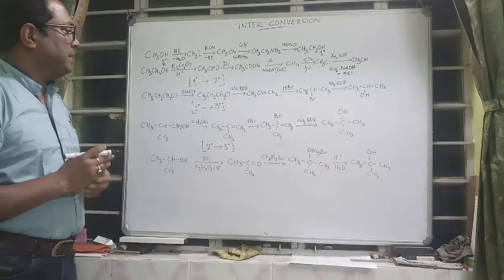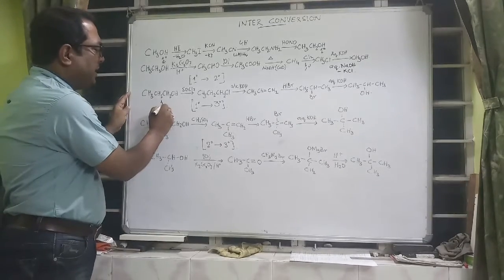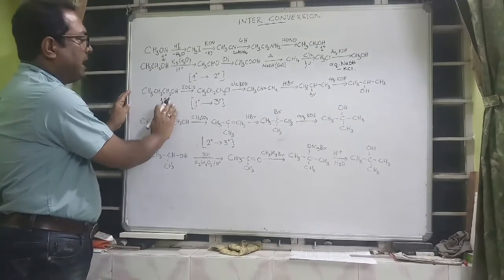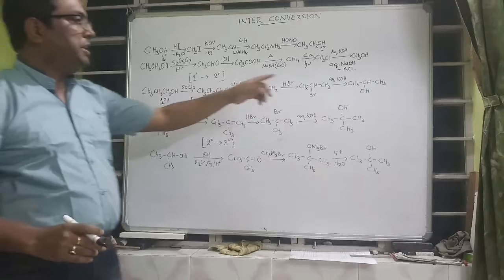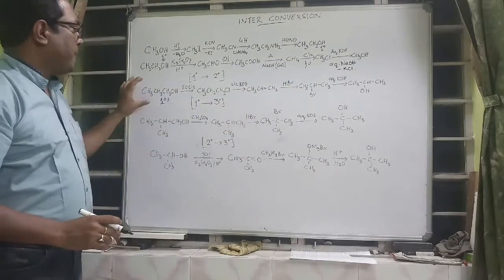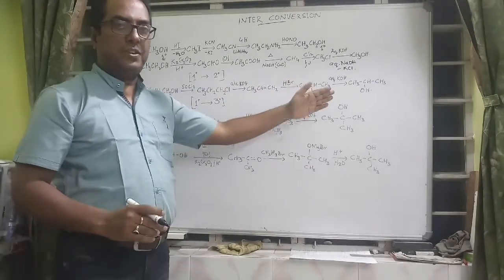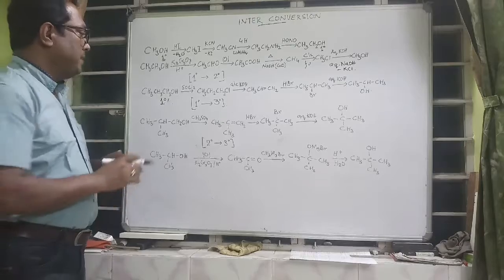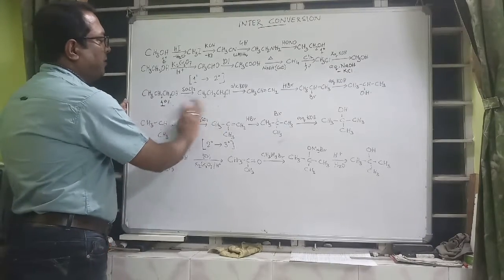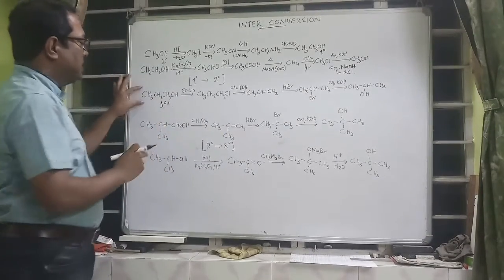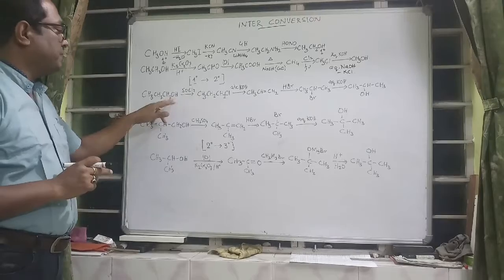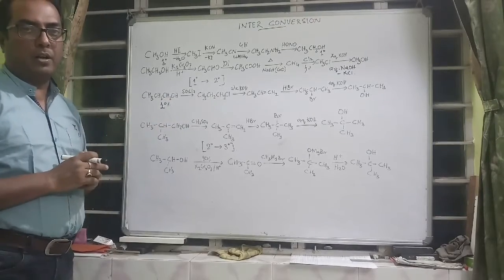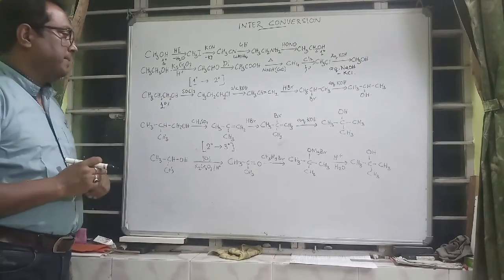So the next thing is to turn 1 degree alcohol to 2 degree alcohol, or primary alcohol to secondary alcohol. So let us see. Here in this way, we can form that CH3CH2CH2OH. So students, you know this is 1 propanol or propan-1-ol.